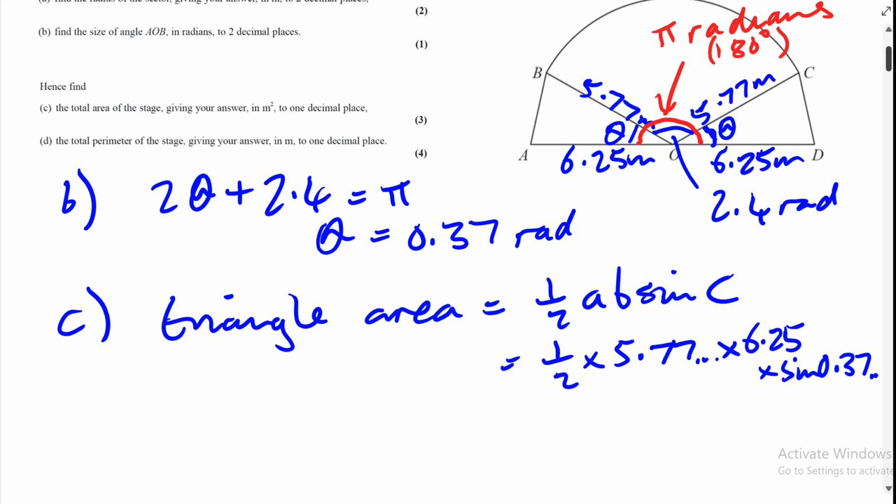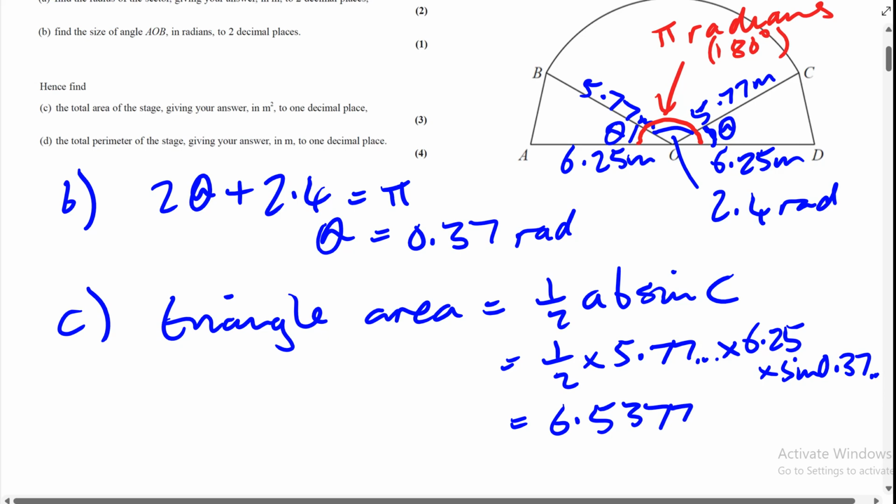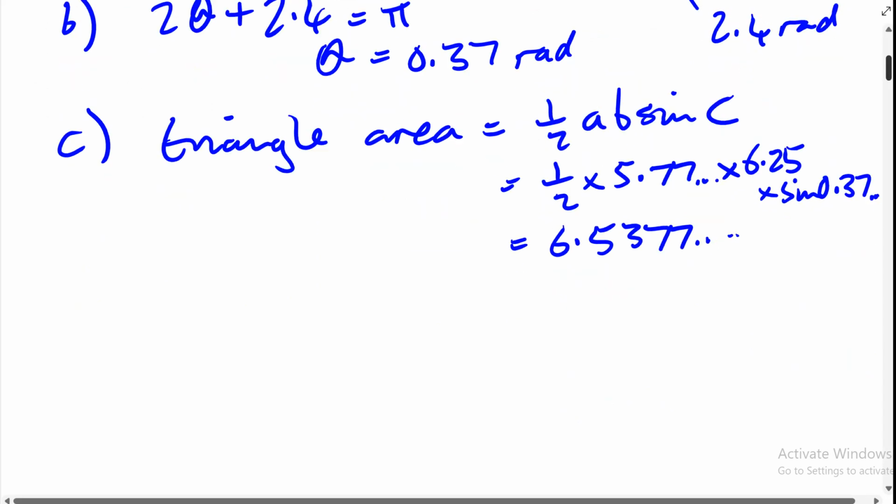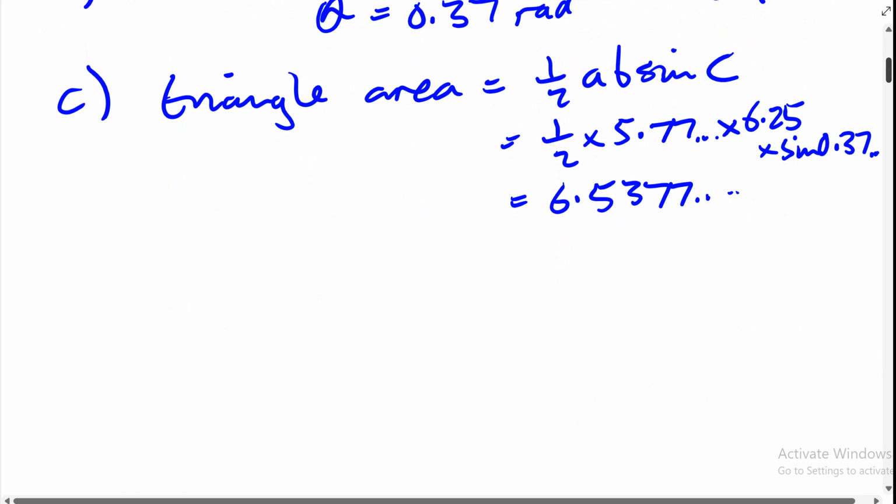Try to keep your answers exact on your calculator, so just store them in the memory, and that will give you 6.5377. Again, write that down to a lot of decimal places or store it.